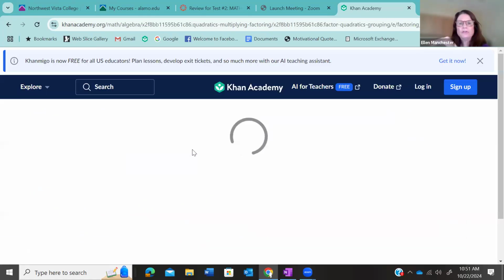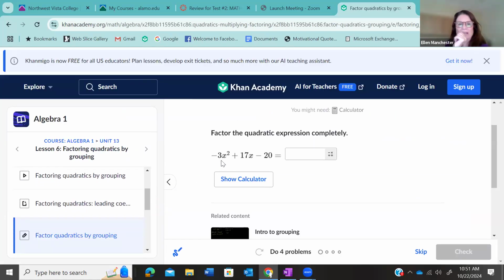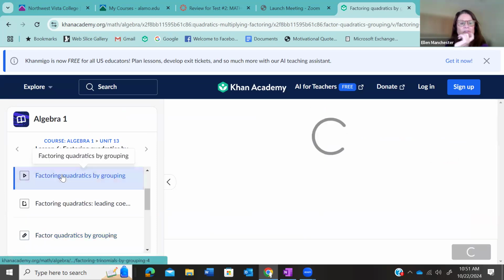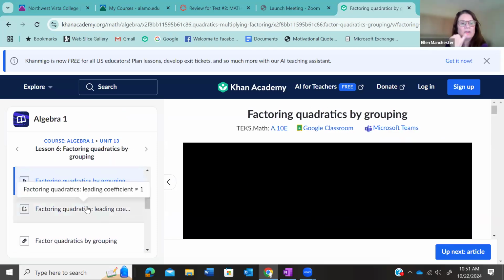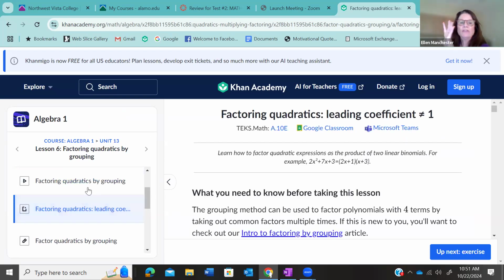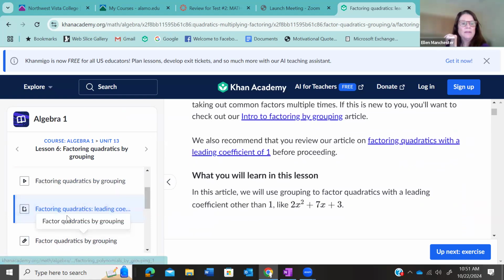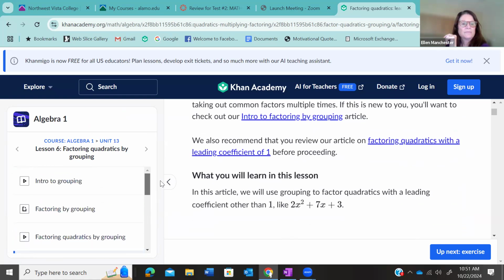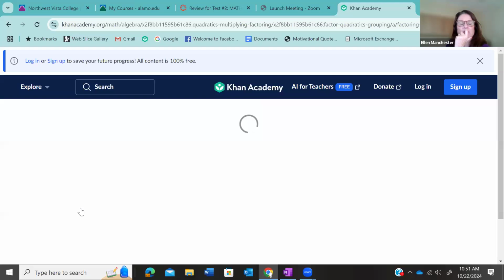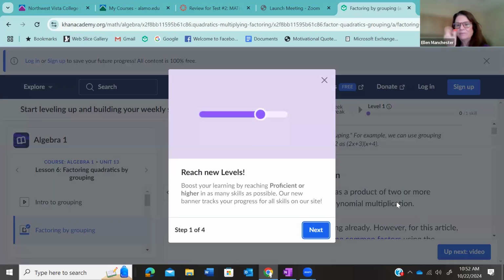Okay, so you can actually do them right here, which we'll get to. But here's factoring by grouping. Here's videos. Here's the other kinds. This is like the written out how to do it. And I think this is like a lesson.